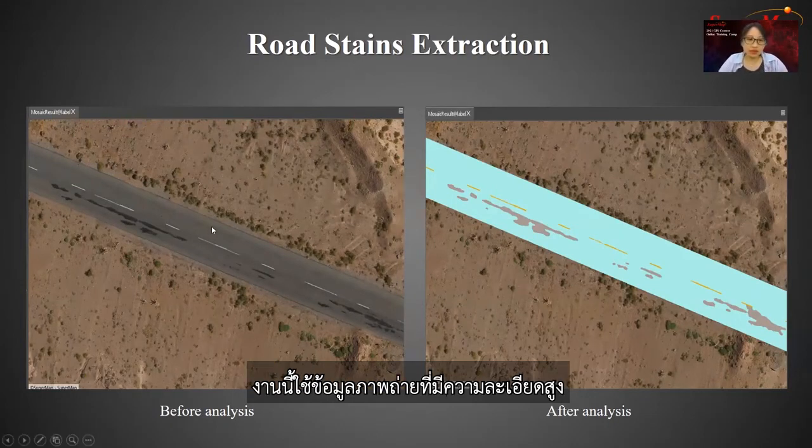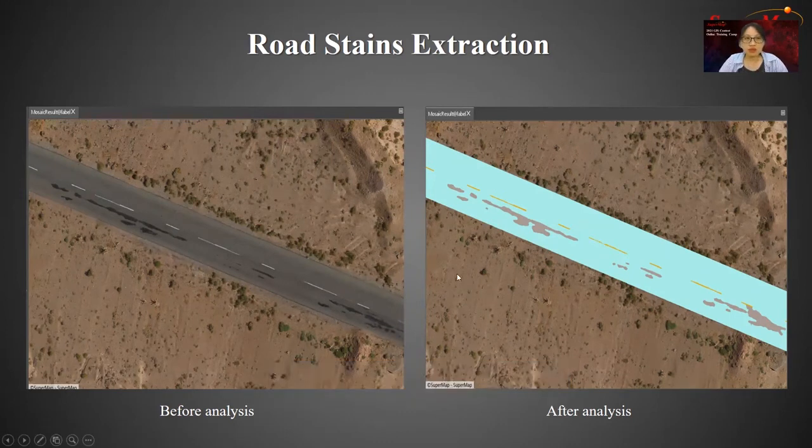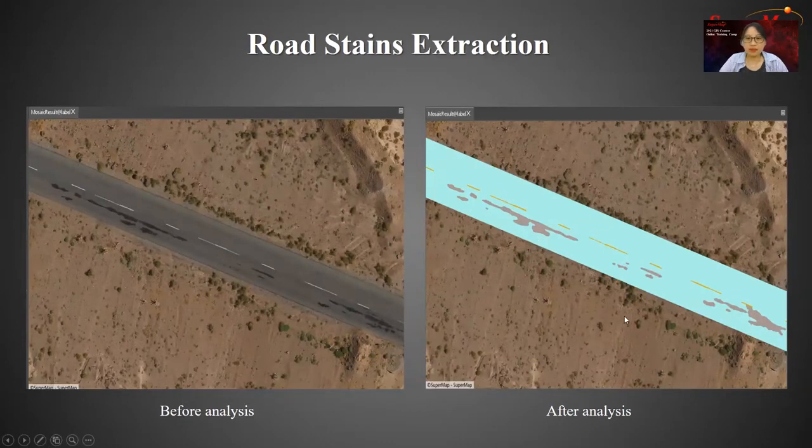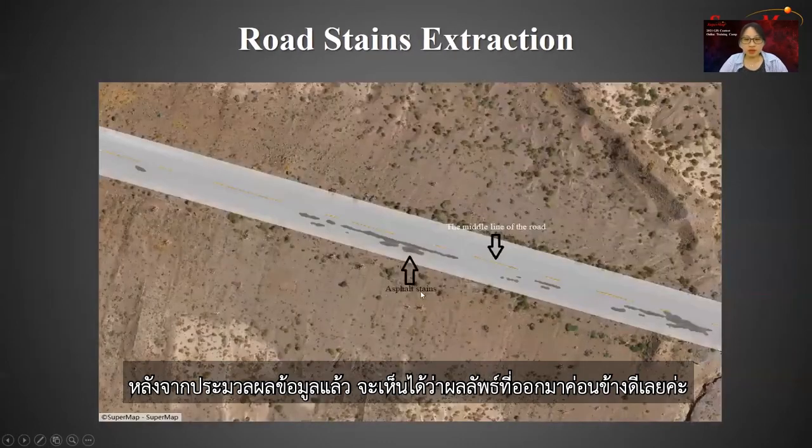So here you can see this work prepared high resolution images. And then with the binary classification, he got the middle line and the road stains. Here, after the post-processing, we can see the result is really good.